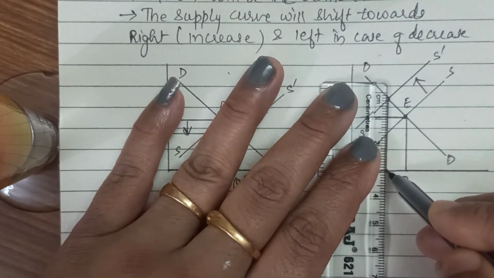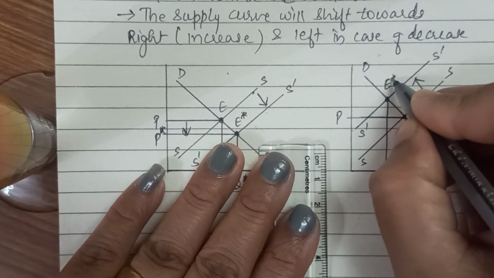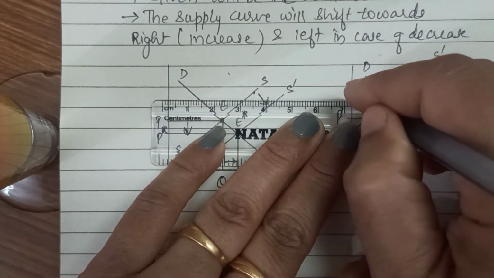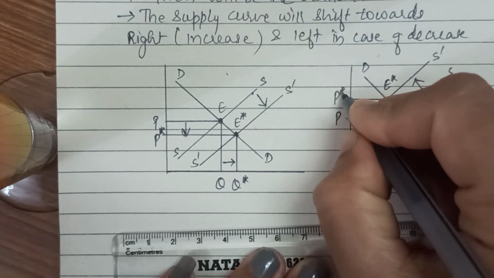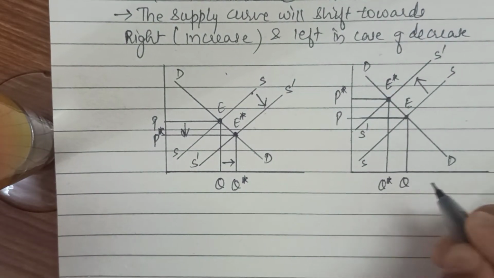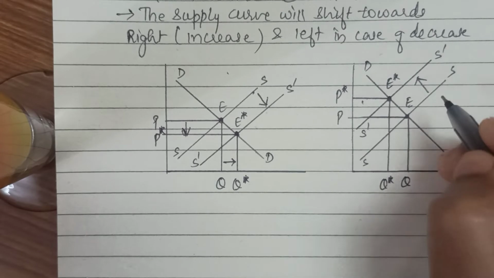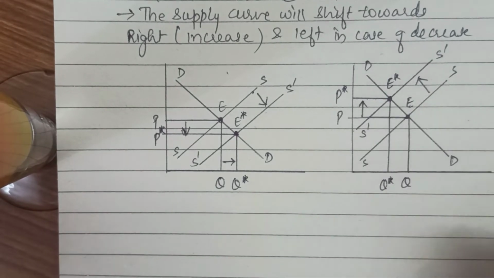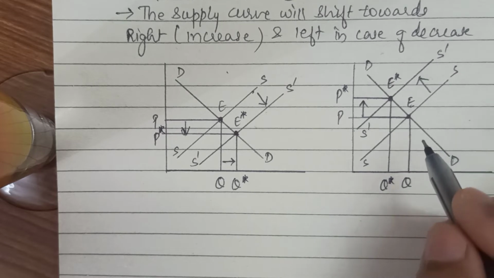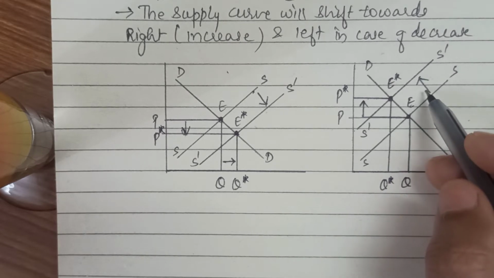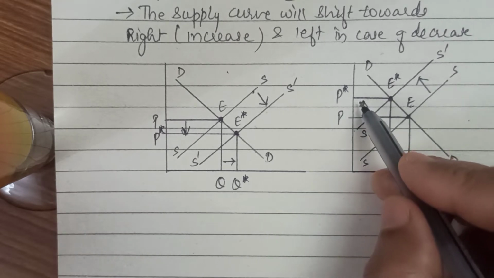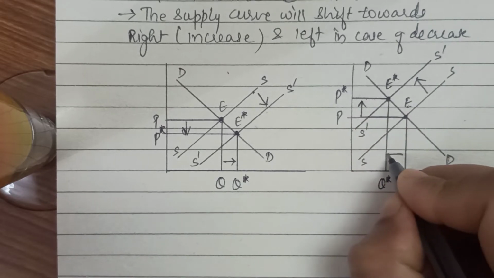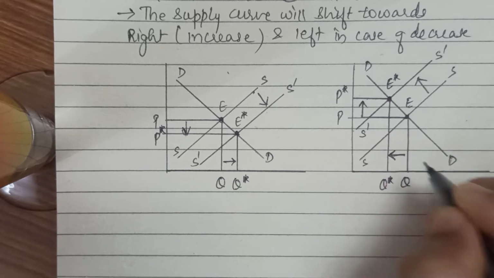At this new equilibrium point, that is E star, we got the new price, that is P star, and Q star. So here you can see that because of the decrease in the supply, the price of the good increased. That thing was not available in the market because the supply decreased, and because of that the price of that good increased and the quantity of that good decreased.